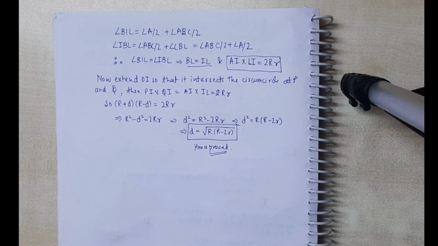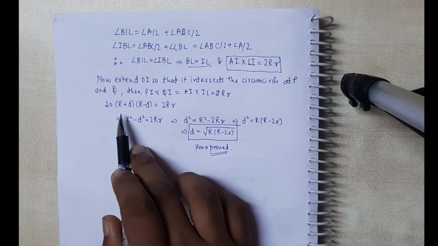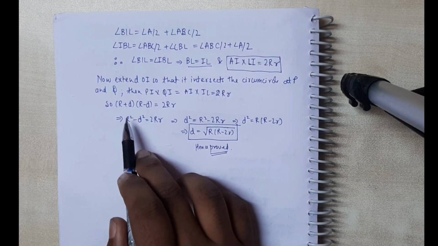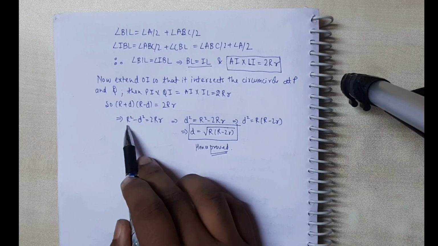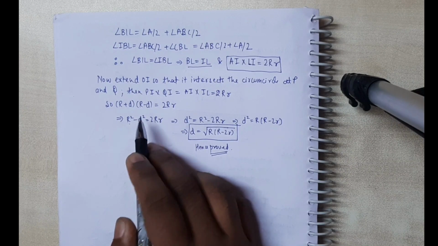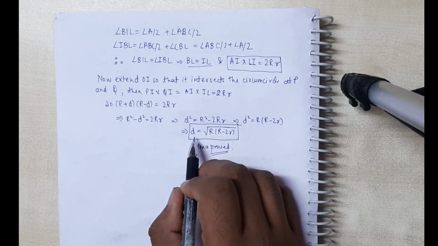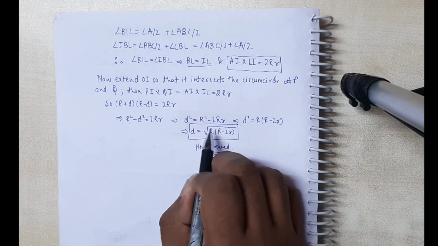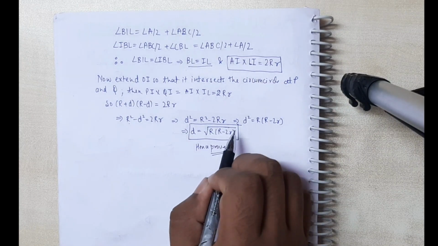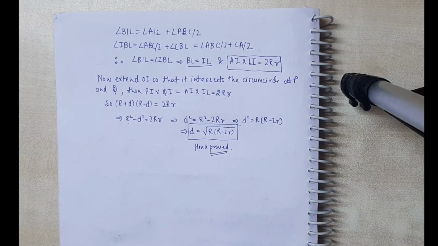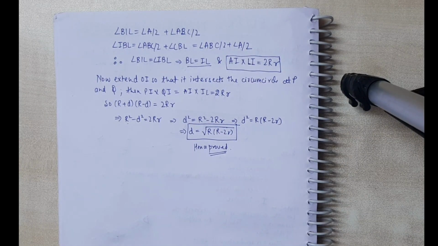Therefore, capital R plus d multiplied by capital R minus d is equal to twice the circumradius into the inradius. Now applying the formula a square minus b square is equal to a plus b into a minus b, we get this. Now on simplifying the expression, we get d is equal to root of R into bracket R minus 2r. Therefore we have proved Euler's theorem for geometry.